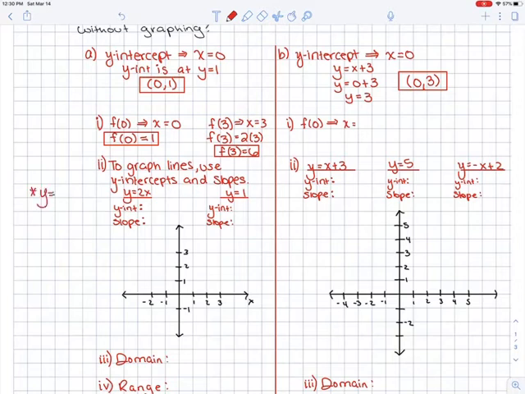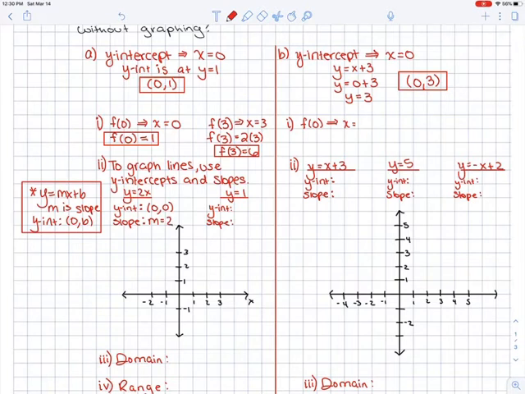Recall that the equation of a line is mx plus b, where m is the slope and b is the y-intercept. So in the case of y equals 2x, the y-intercept is (0, 0) because we have no b. And the slope is 2.